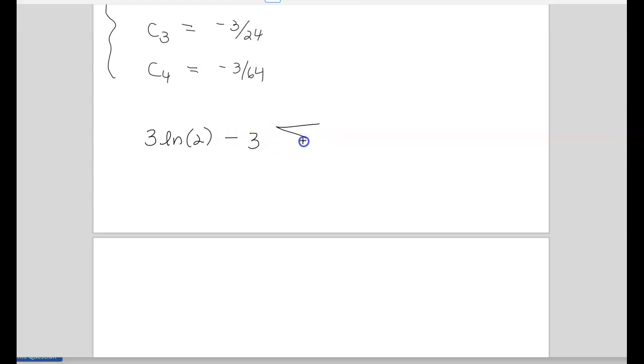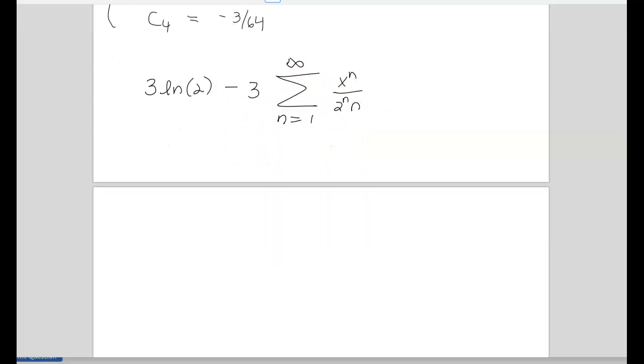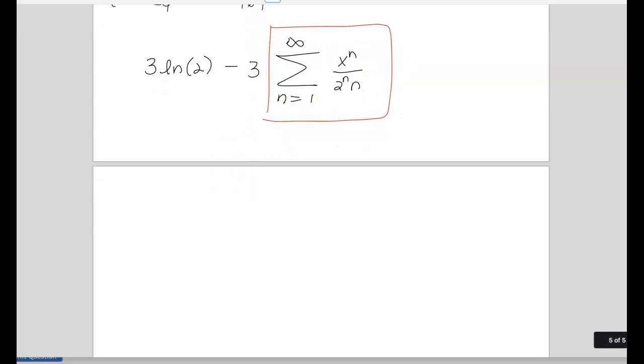Minus 3 times the sum from n equals 1 to infinity of x to the n over 2 to the n times n. This 3 outside is not going to affect the convergence status of this series. So really we want to look at this series, the one in the red box, and we're going to do a ratio test to check the interval of convergence. So apply the ratio test.